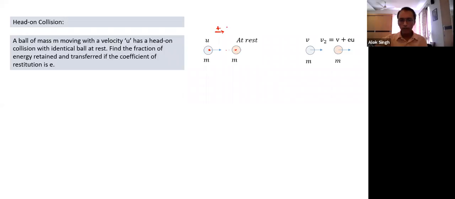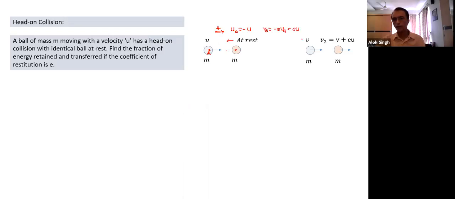If I take this convention, what will be the velocity of approach here, as seen from the first one? Velocity of approach will be u2 minus u1, which is equal to minus u as seen from the first object. So this velocity of approach is negative, and hence the velocity of separation will be equal to minus e times ua, which is equal to e into u.